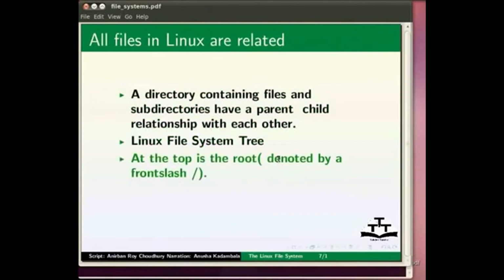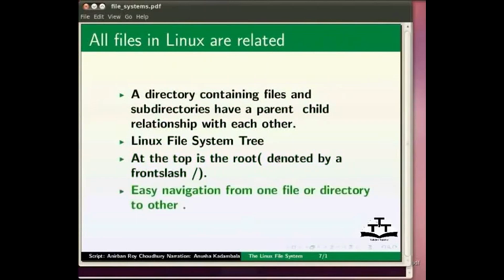It contains all the other files and directories. This also helps in easy navigation from one file or directory to other, if you know the correct path. As we work with the Linux file system, it seems that we are moving along this tree. One command, and there you are, teleported from one place to other. Sounds interesting? Indeed it is, as we will see.